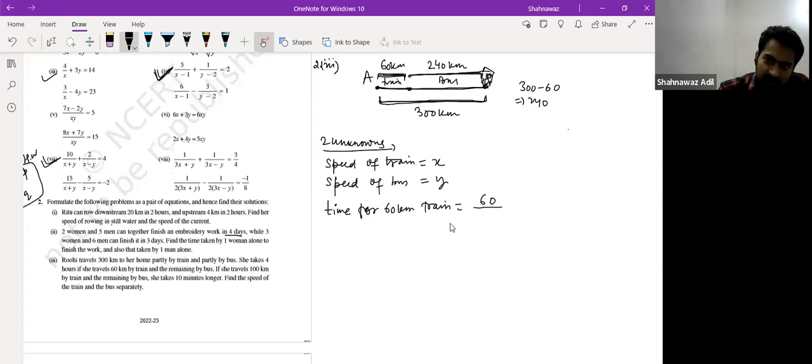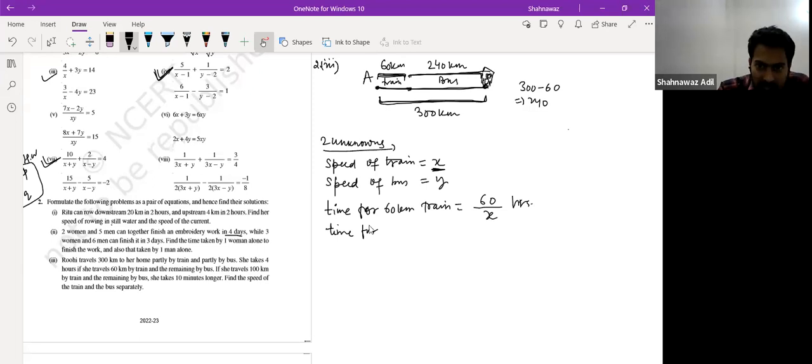The speed of train is X. So the time is 60 by X, and this is in hours.